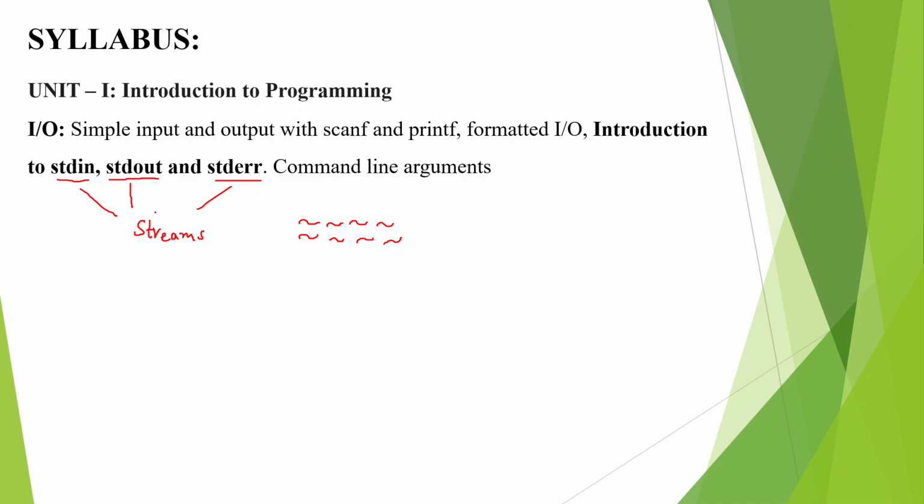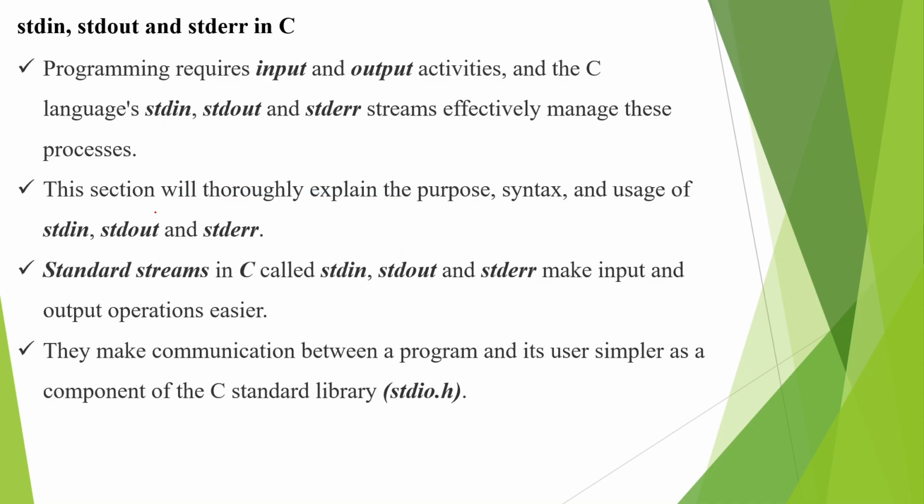Standard output will take the data to display, and standard error is also similar to that one. It will also take the information to display. So in today's session we will discuss all these three, standard input, standard output, and standard error, in C language. Programming requires input and output activities.